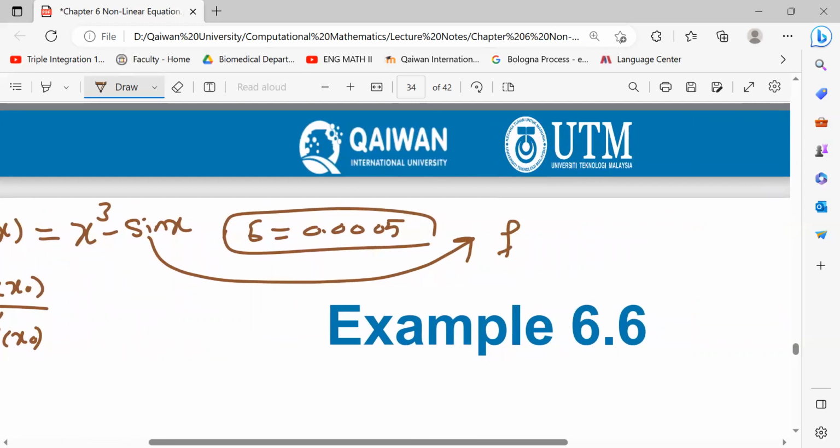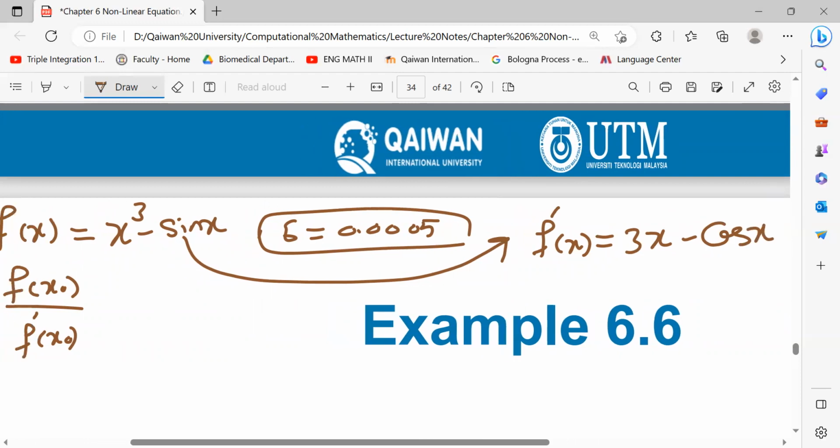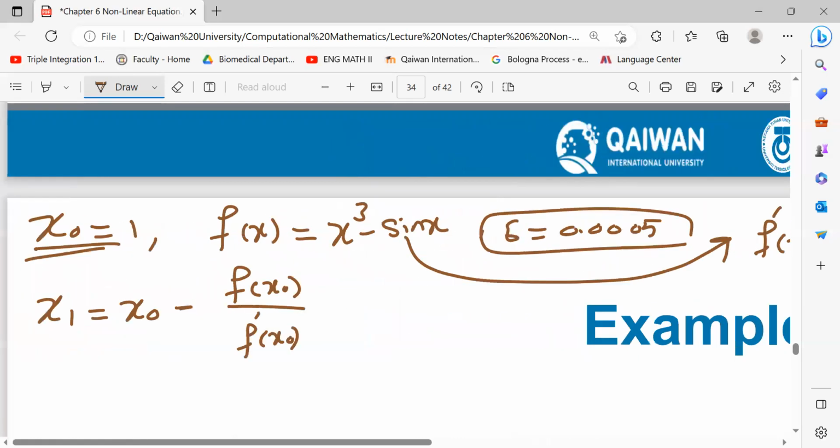What's f prime of x? That's 3x squared minus cosine x. This is the derivative of the function. Okay? We use these two functions at all steps, and also the previous point.